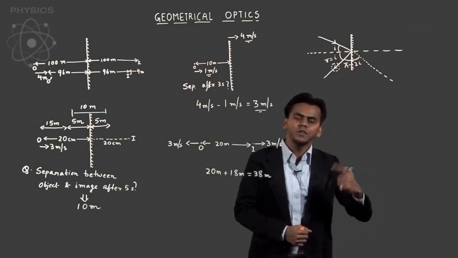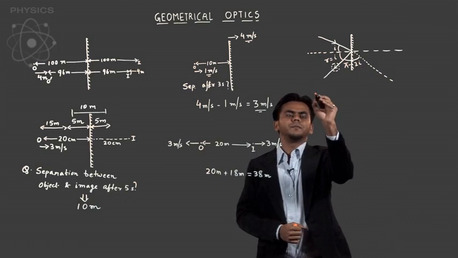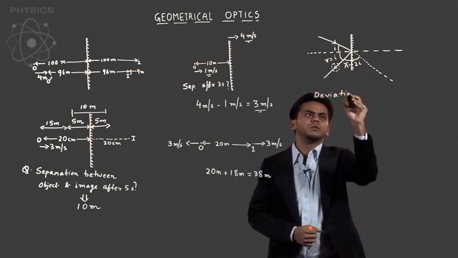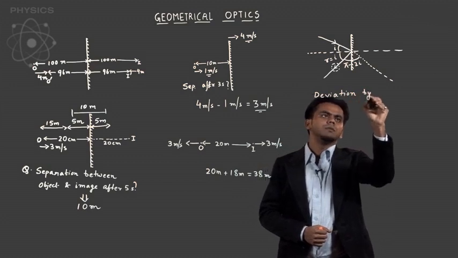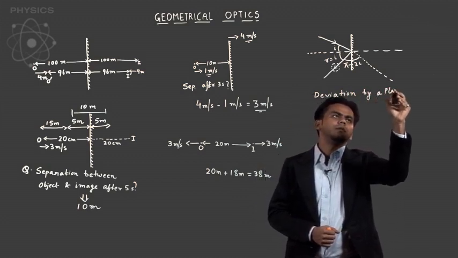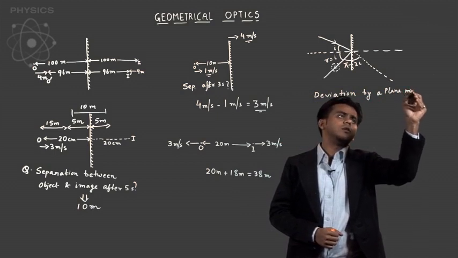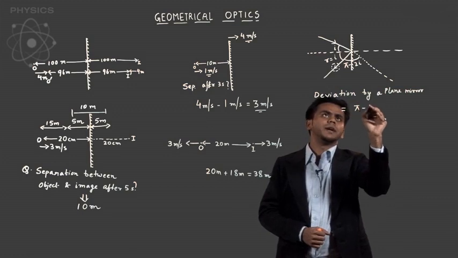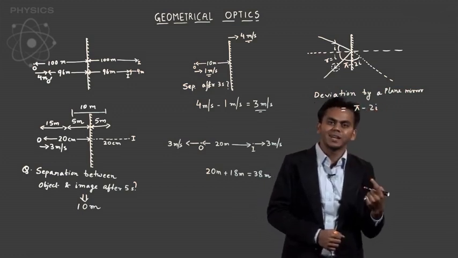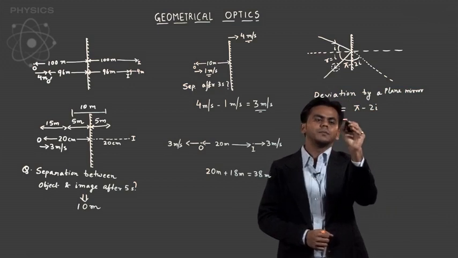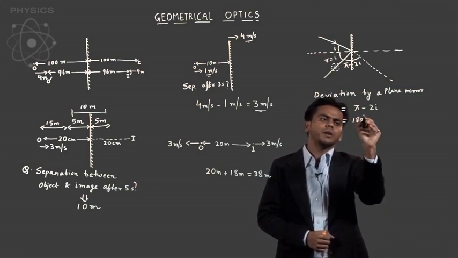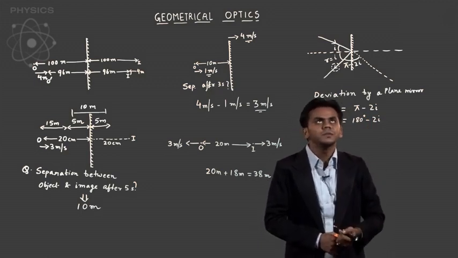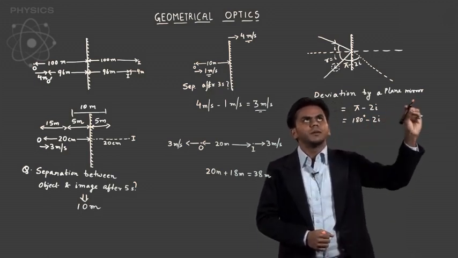So the deviation by a plane mirror of an incident ray of light is equal to pi minus 2I, if the measurement of angle is in terms of radian, or you can also say 180 degrees minus 2I if the measurement is in terms of degrees. Now this was deviation by a plane mirror.